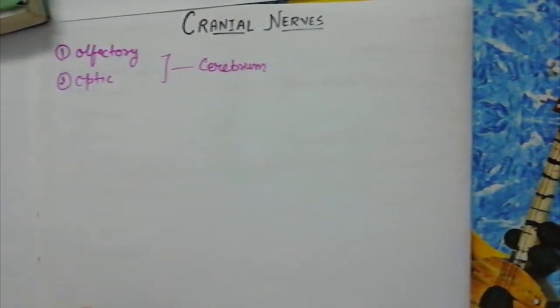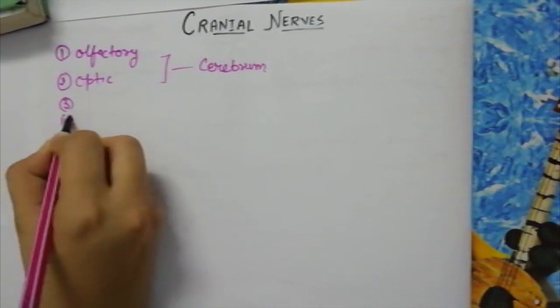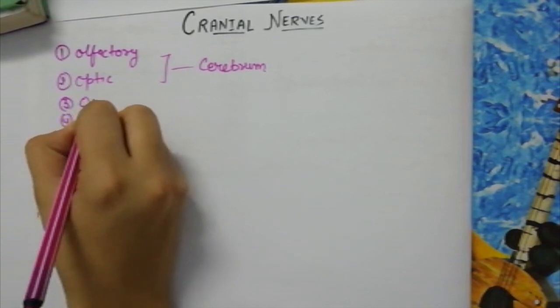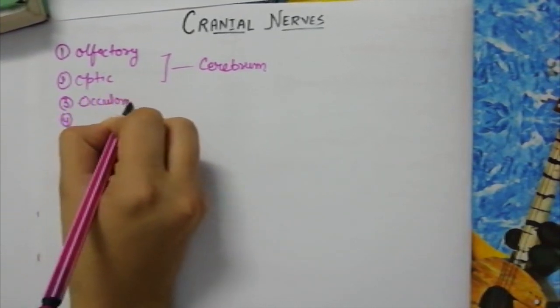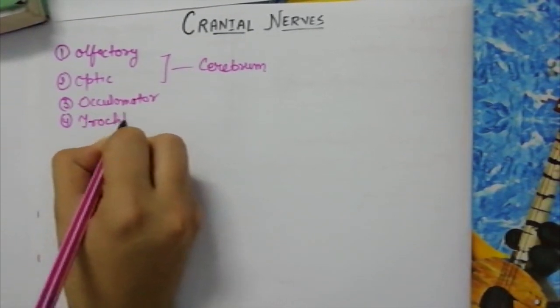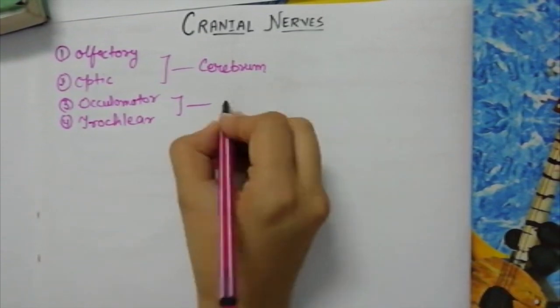And third, fourth, oculomotor, trochlear. These two are related to the midbrain.